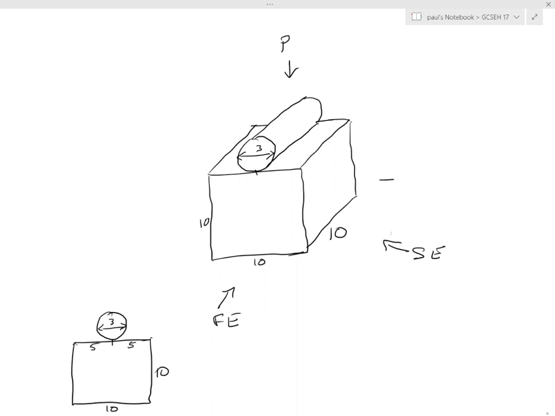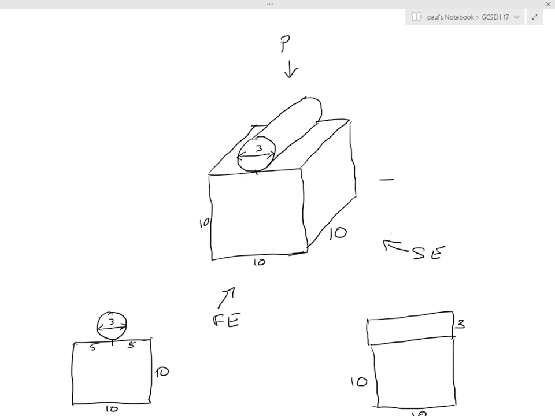The side elevation, we are going to see that side there, which is going to be 10 and 10. And on the top we see this. Now because the diameter is 3, the height is also 3 as well, because that would just be the diameter the other way around. So we would only see a cylinder from edge to edge stuck on top with a height of 3.